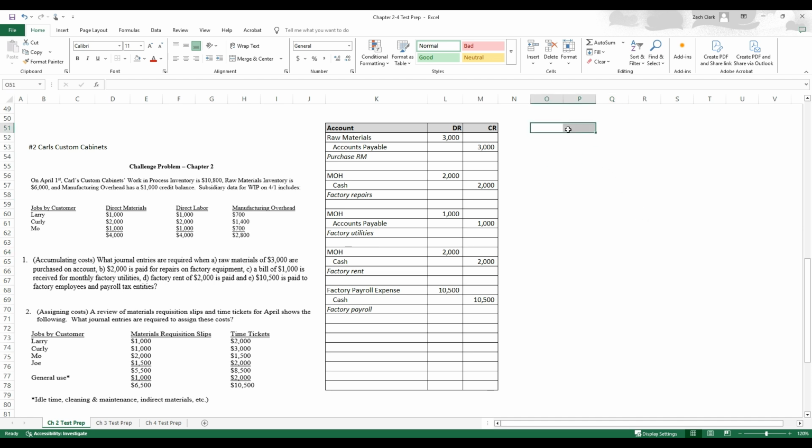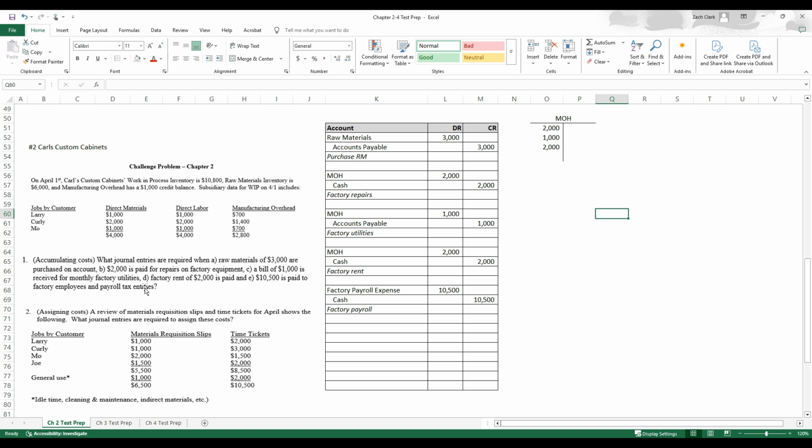Okay, one thing I think will be useful is to create a little T account for our overhead, just so we can keep track of that, and I think that'll help us analyze if we're under or over applied at the end, and maybe help you all continue to understand that concept and how it works. So all of our debits to overhead here are for actual expenses. Remember, the debit side is actuals, and then the credit side will be our applied amount based on our predetermined overhead rate.